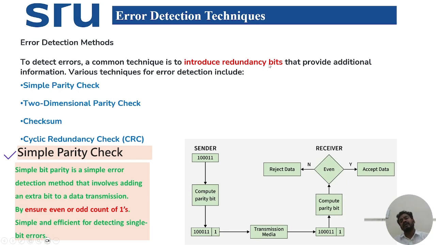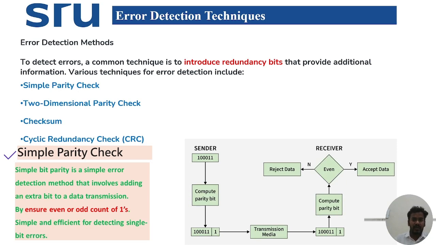First we need to understand the redundancy bit. From the real data bits we add an extra bit, which we call a redundancy bit, which is used to recalculate and check whether the data is reliable or non-reliable.